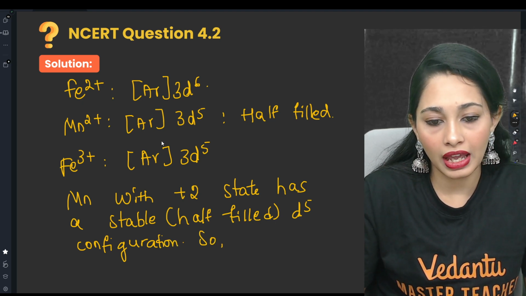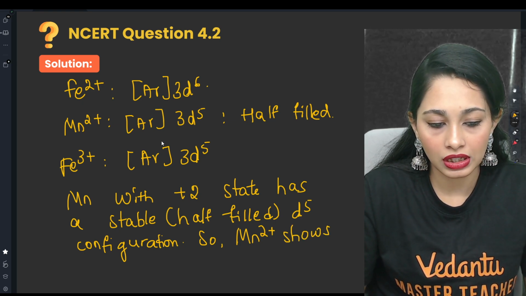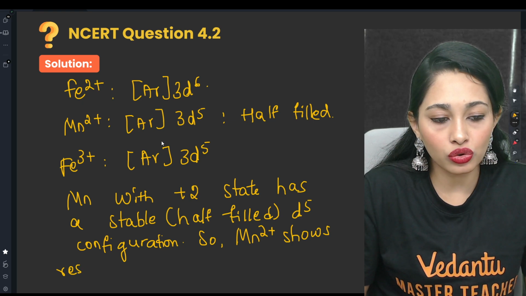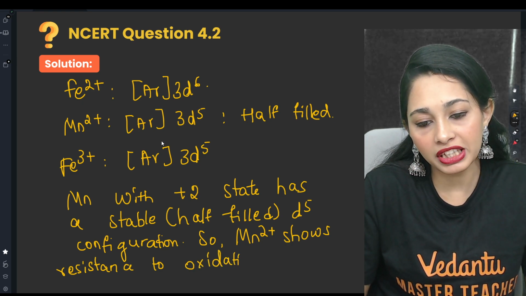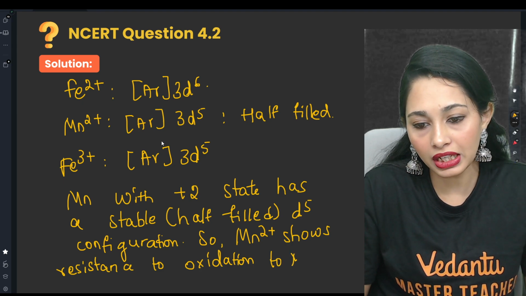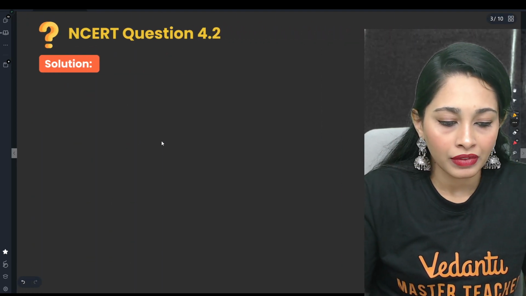So Mn2+ shows resistance to oxidation to Mn3+, because Mn2+ is already stable.